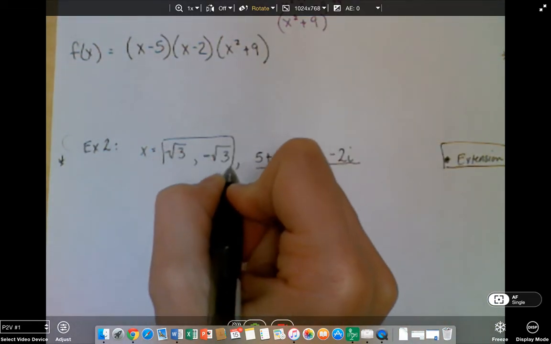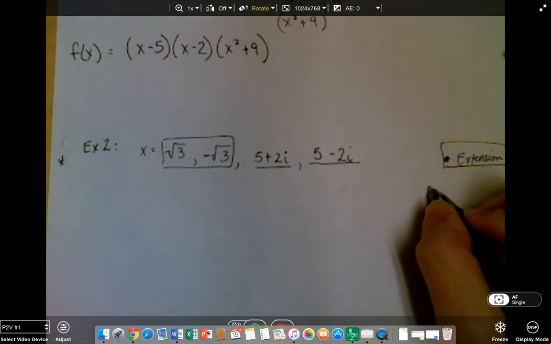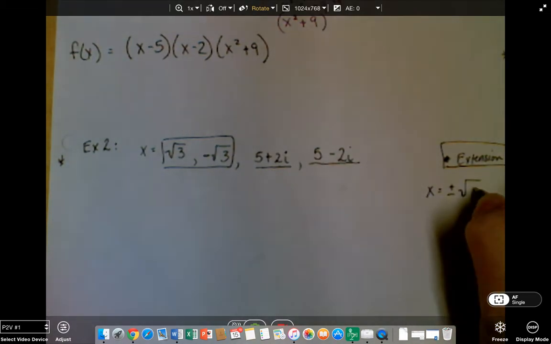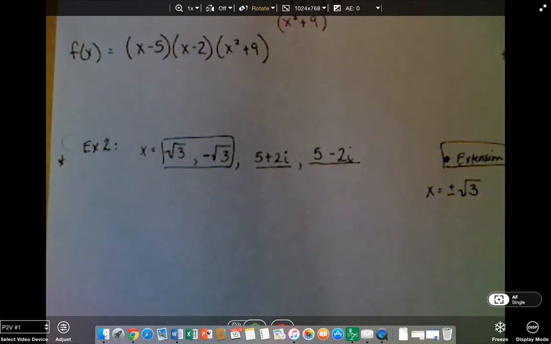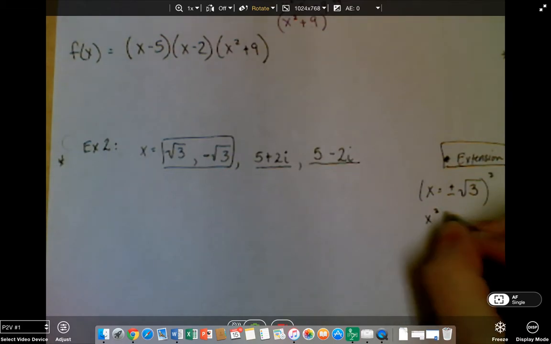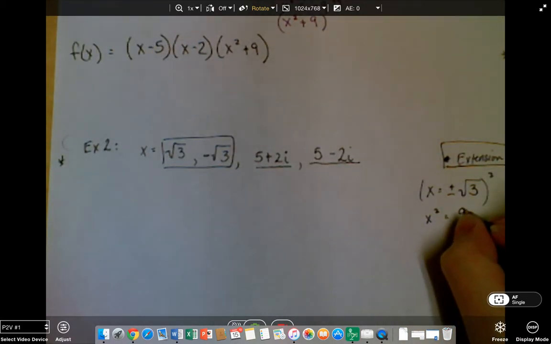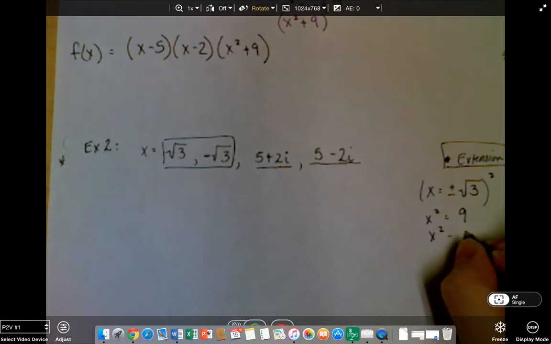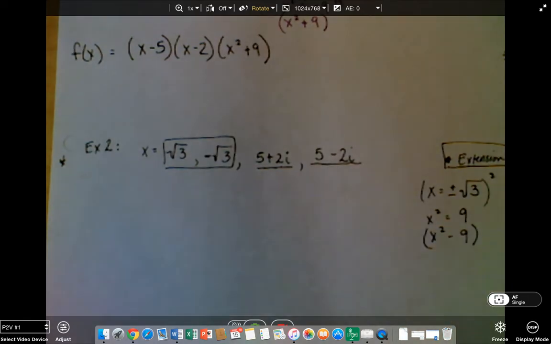So these two come from one question. So we're going to square this whole thing. This becomes x squared equals 9. So x squared minus 9 is one of our factors.